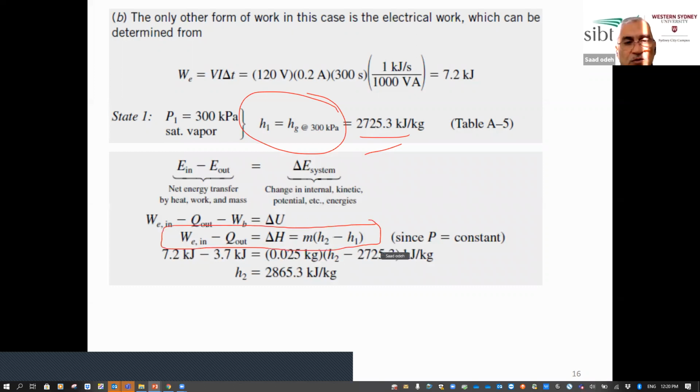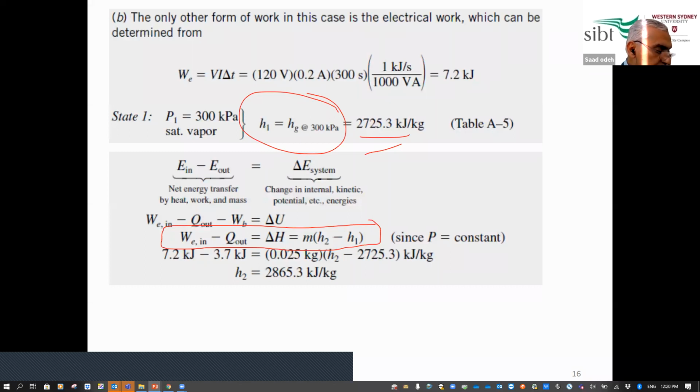We said that work in, which is the electric heater work or heat, minus the Q out, which is the Q lost from the cylinder to the surroundings, equals delta H, which is M multiplied by H2 minus H1.